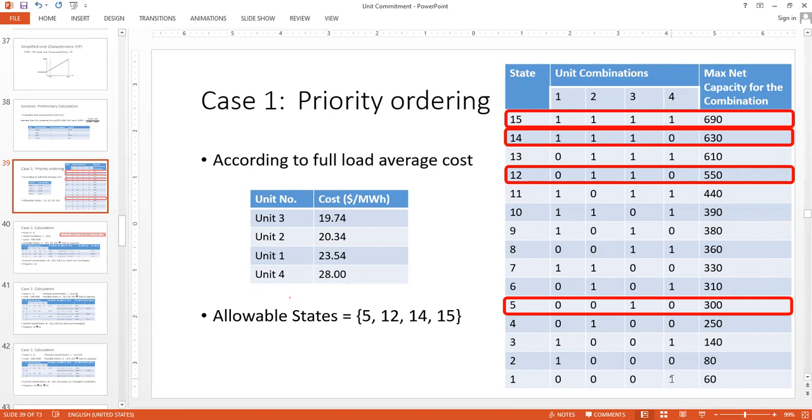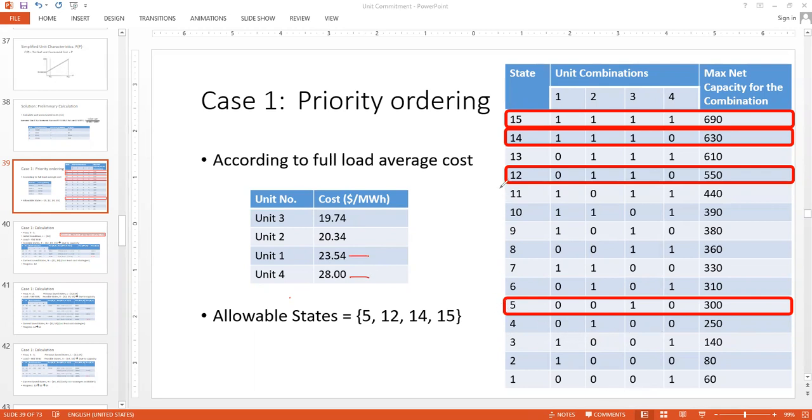So that is not a feasible state according to priority list ordering. In state 2, you have to turn on unit number 1, but in the priority list it is number 3, so you cannot do it. State 3, can we do it? We have the unit combination 1 and 4, but these are the last two prioritized units, so that cannot be taken into consideration either.